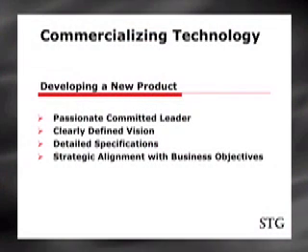And then detailed specifications. Detailed specifications is you have listed every performance criteria, every mechanical criteria, electrical criteria, all the functionality of the product is very well documented in the specifications.